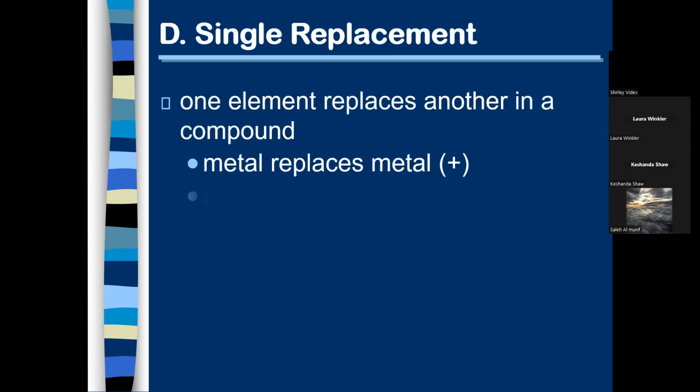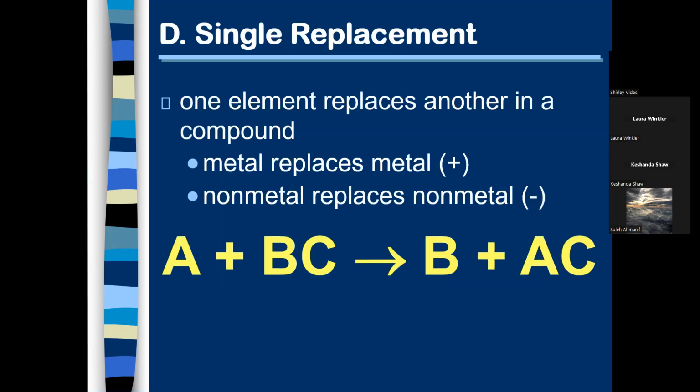All right. Single replacement. We saw these already. One element replaces another in a compound. A metal replaces a metal, and a non-metal replaces a non-metal based on that chart that I gave you. Remember the one that had the colors? So this is how it works.